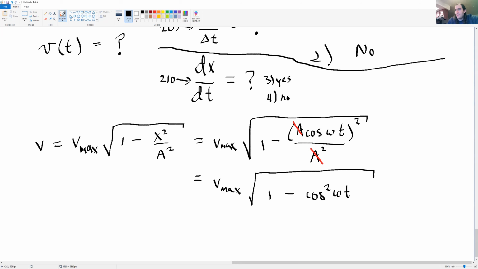What am I supposed to do when I have something like this? I have 1 minus cosine squared omega t. I have no clue what to do with this.